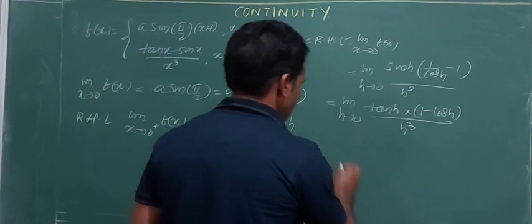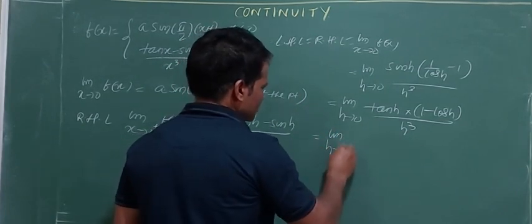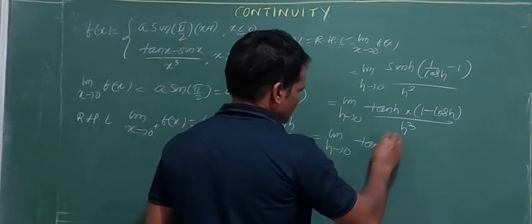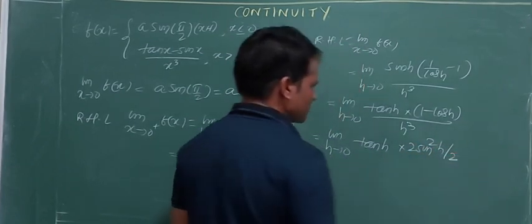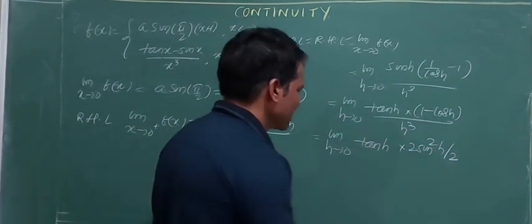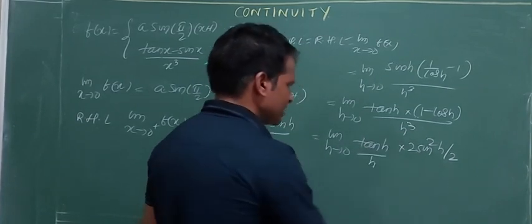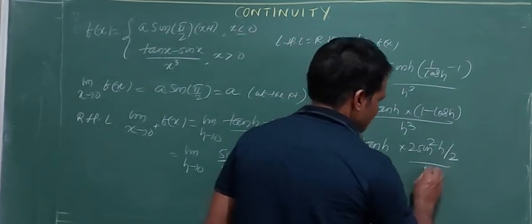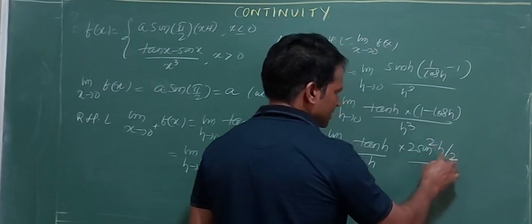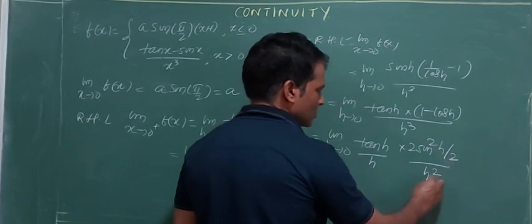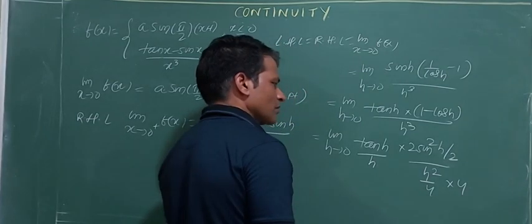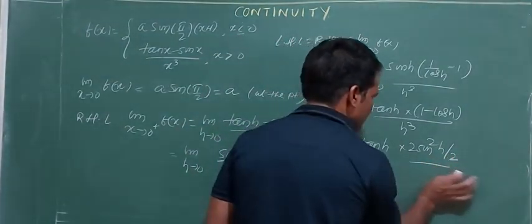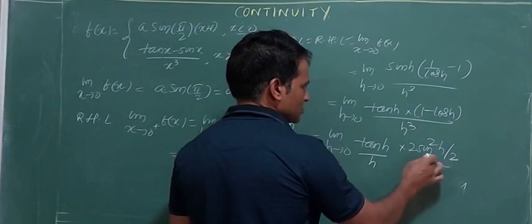Apply the formula here. Limit h tends to 0, tan h into 2 sin square h by 2. Since h cube is there, adjust here: I need h, then left over is h square. But as it is h by 2, I need h square by 4, into 4. What I did, again I am telling: h cube, 1 minus cos h is 2 sin square h by 2.